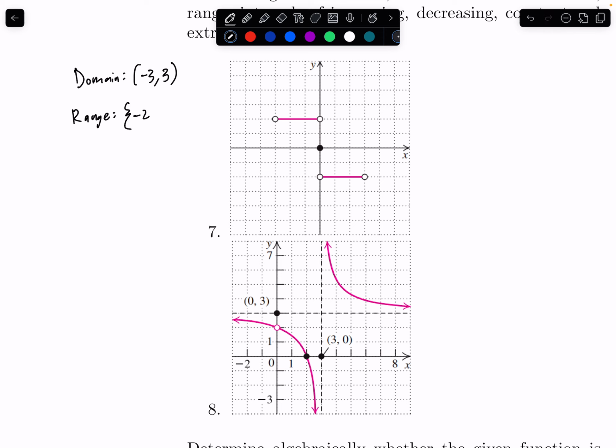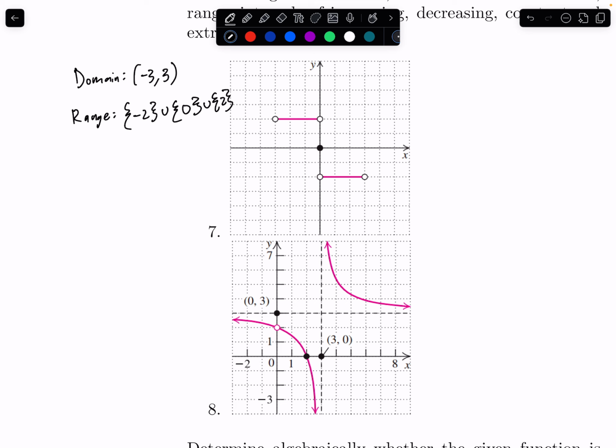It's -2 or 0 or +2. Those are the 3. And here there's these fancy curly brackets, which you can find on your keyboard. Those are to indicate that you have a set.